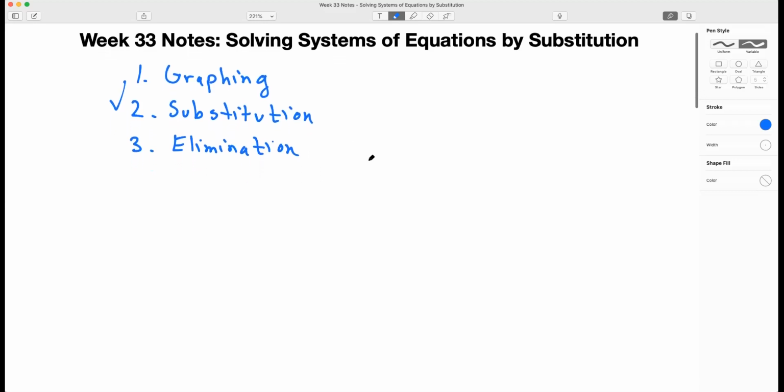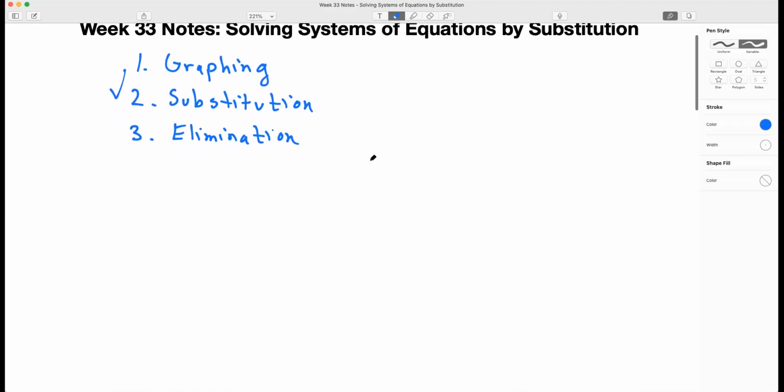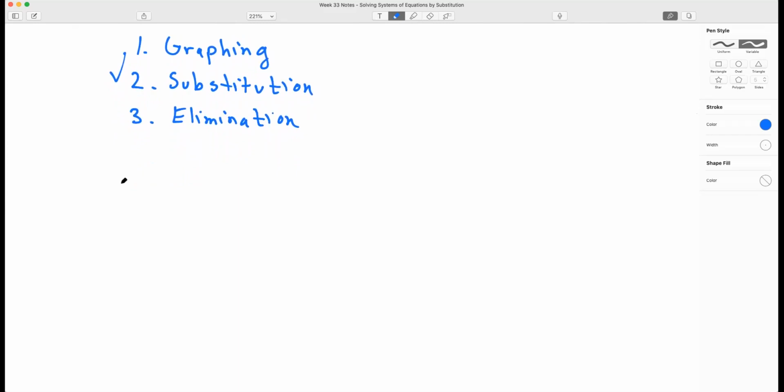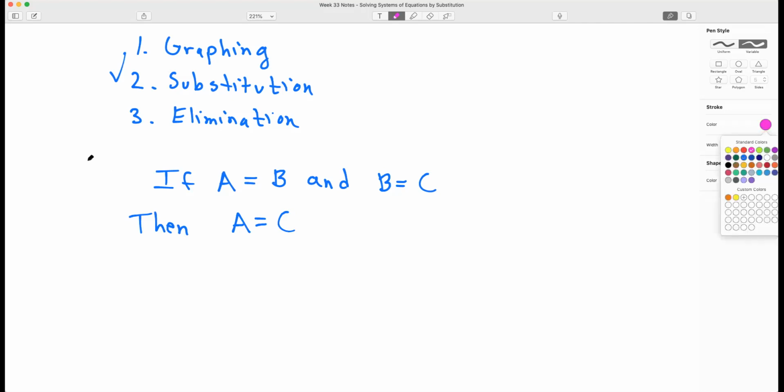Okay, so this is week 33 notes. The method of substitution really is based upon this idea that, and please write this down, if A equals B and B equals C, then, or therefore, A must equal C. This is the logic known as the transitive property.